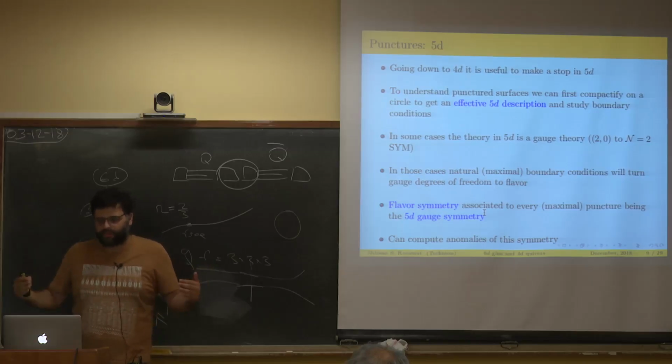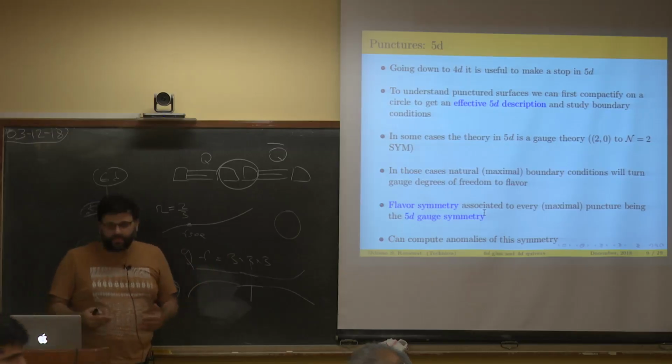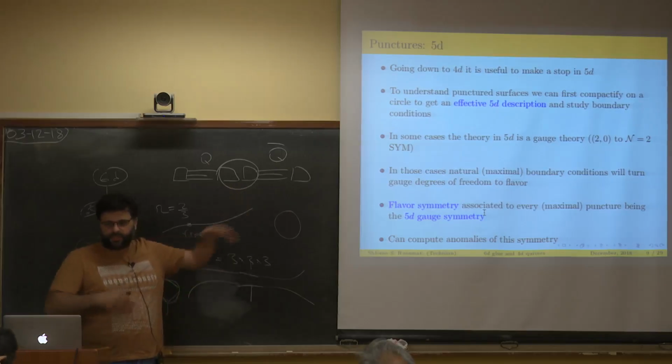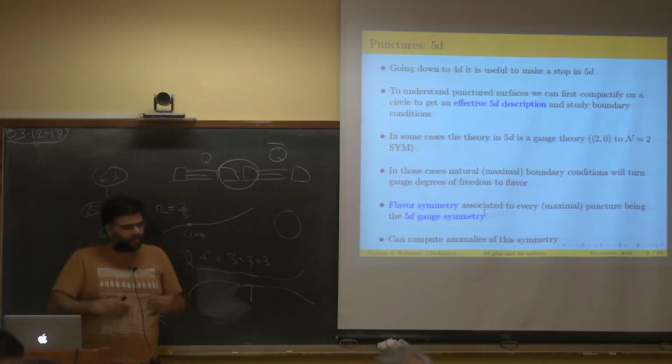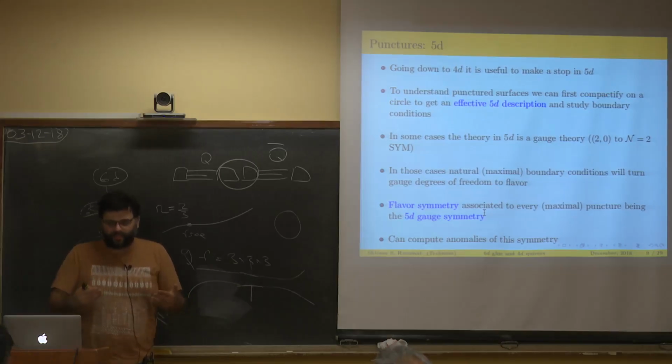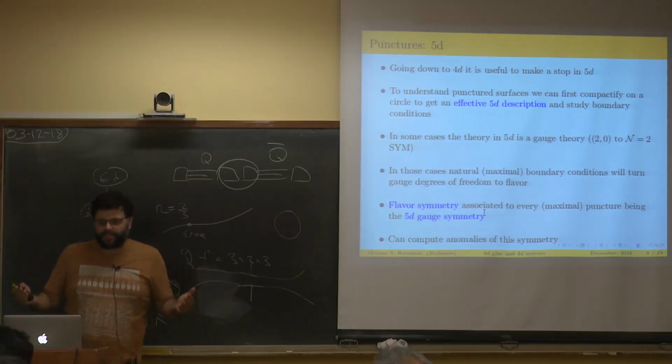I don't have an argument for that, and there are counterexamples. For example, most 6D theories put on a torus without flux will give rise to IR-free theories. N equals 4, which is the 2,0 theory on a torus, is a special case. It's not IR-free, but generically you will get an IR-free theory.